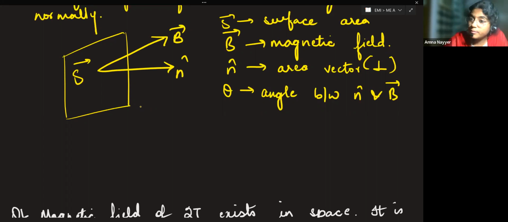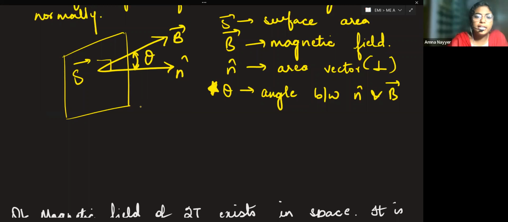So B is the magnetic field, the area vector is n cap, and the angle between the magnetic field and the area vector is theta. This is very important. The angle is very important because most students get confused with the angle. Sometimes the angle given is between the magnetic field and the plane of the sheet. That is not your angle. Then you will subtract it from 90 degrees to obtain this. You should be concerned only with the angle between the magnetic field and the area vector.